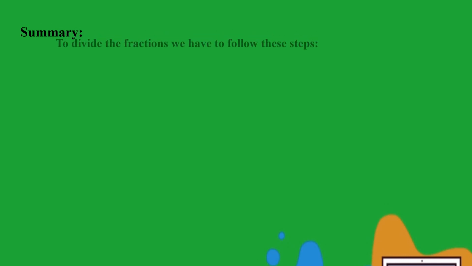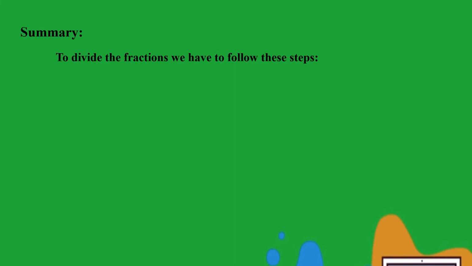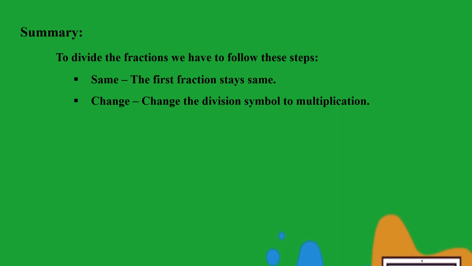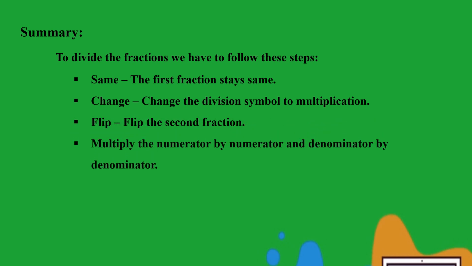Yes. So, let's summarize our lesson. To divide fractions, we have to follow these steps. Same means the first fraction stays same. Change the division symbol to multiplication. Flip the second fraction. Numerator will be the denominator and denominator will be the numerator.